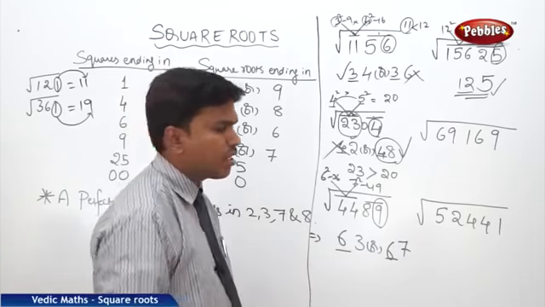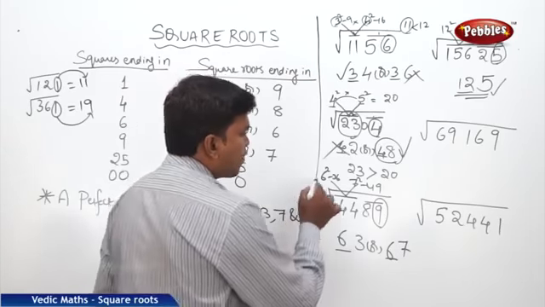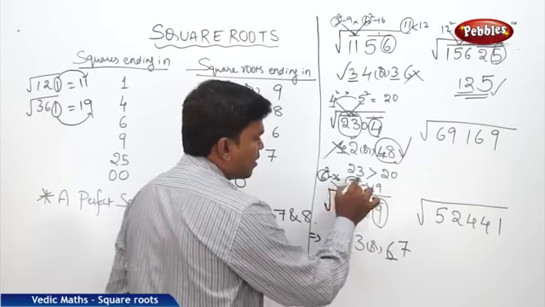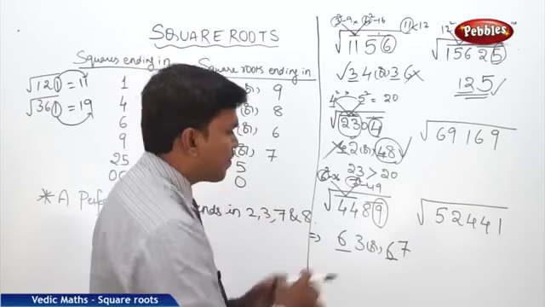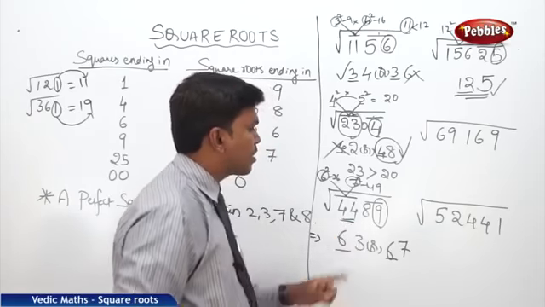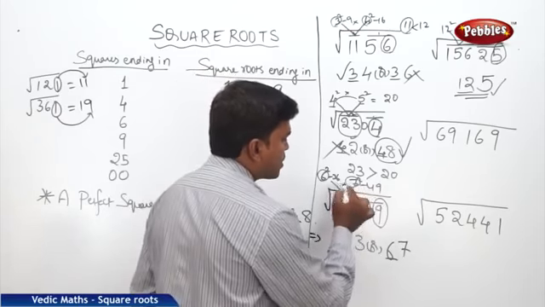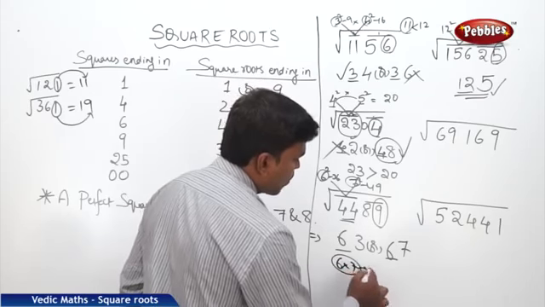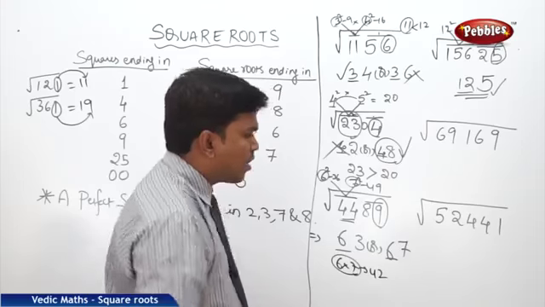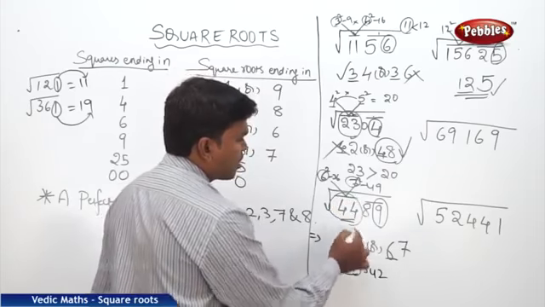63 or 67? Now simply multiply the border square numbers between which we got this second partition. 6 7s are how much? 6 into 7, how much? 42. Now you compare with the second partition number. 44.